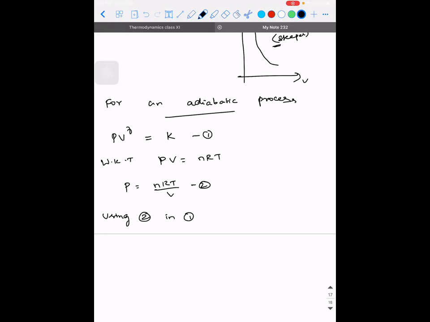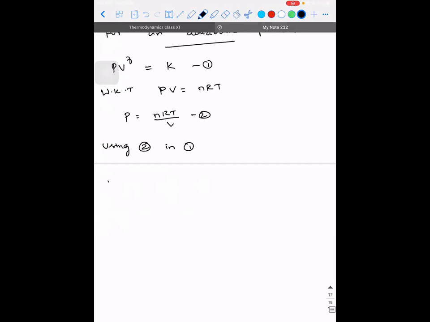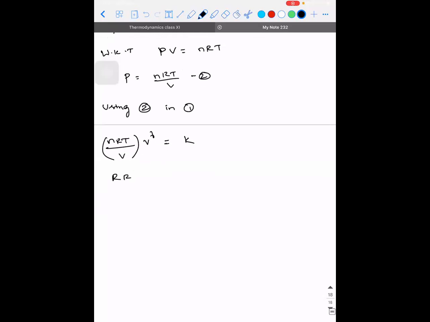Using 2 and 1, we will get nRT divided by V into V power gamma is equal to constant. So nR into T into V power gamma minus 1 is a constant. So T multiplied with V power gamma minus 1 is a constant.